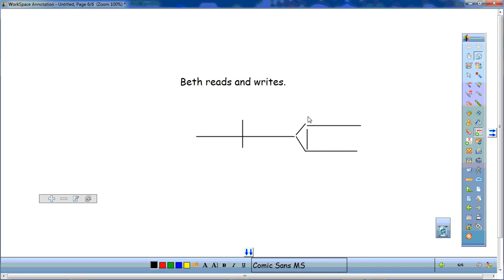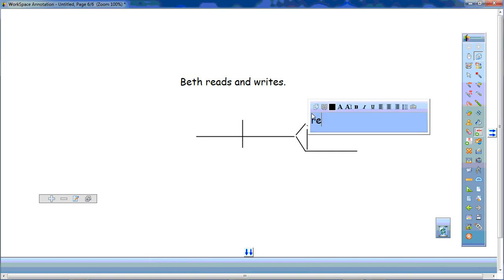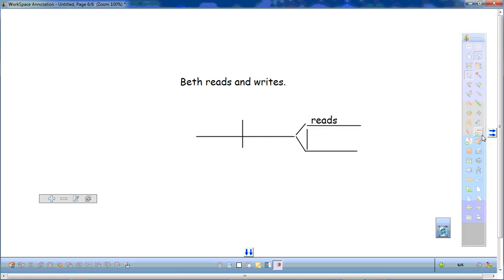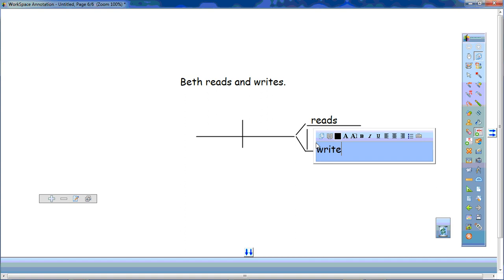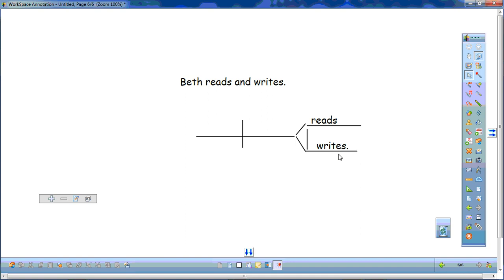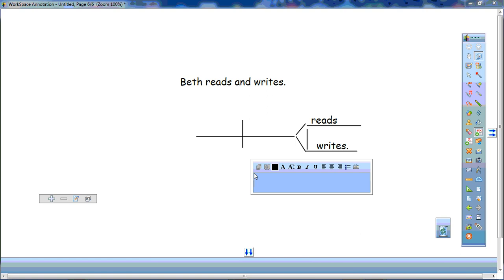So I know that reads is one of them, and writes is the other, with the period. And then I have to do the coordinating conjunction, and rotate it.